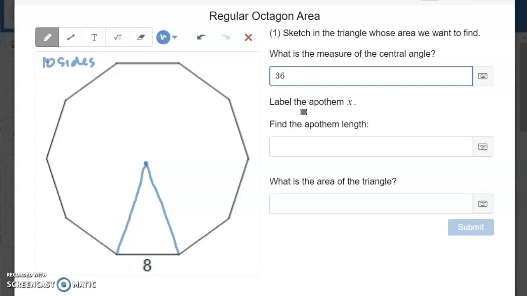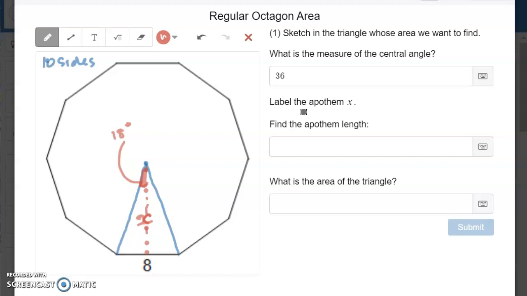So if I know that that is 36 degrees, I'm looking for the bottom and the central angle. I want to figure out what this angle is, and that is going to be half of 36, so it's going to be 18 degrees. And the bottom is the x that we're trying to find, or the height of the triangle.